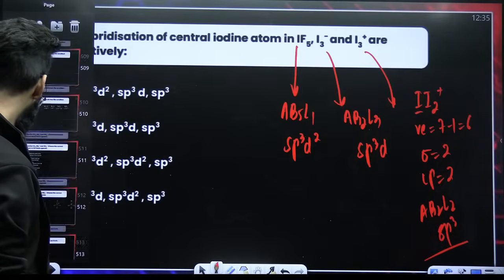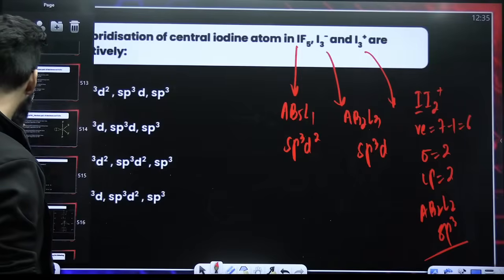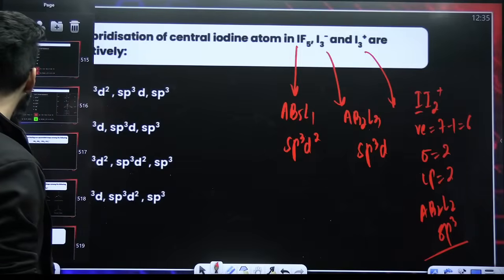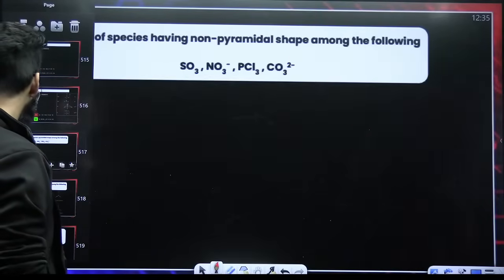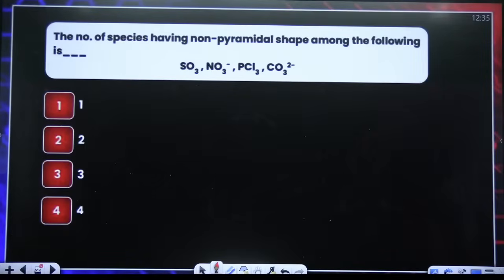These are similar type of questions. Just a second. What is the answer of this question?